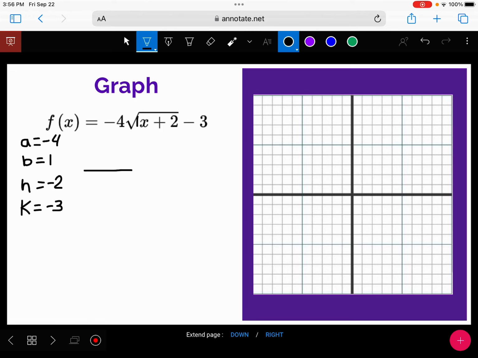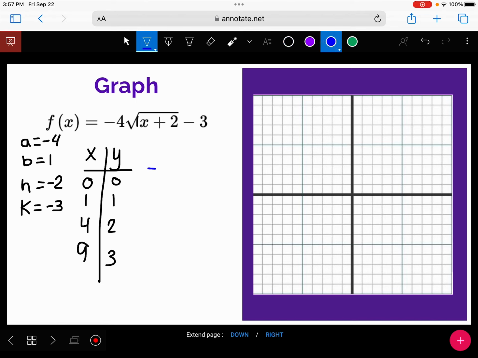So we're going to use our square root parent table, which is when we have 0, 1, 4, and 9, because they're easily square rootable numbers. Square root of those is 0, 1, 2, and 3. When we do our transformations, we do our x times b plus h, and our y times a plus k, just like we've been doing.